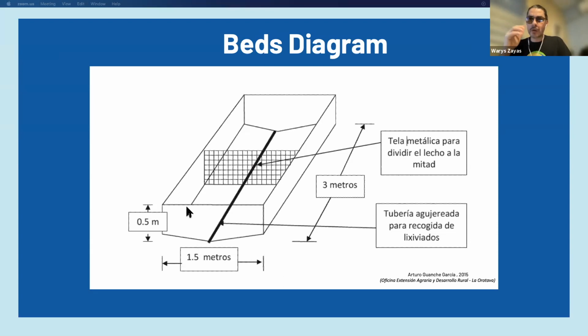In terms of centimeters, around 8 to 10 centimeters. In terms of inches, around 2 to 4 inches. No thicker than this. We continue adding the organic matter in that way until we reach the top of our bed. When we reach it, we are ready to harvest.